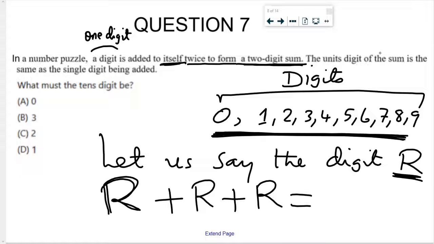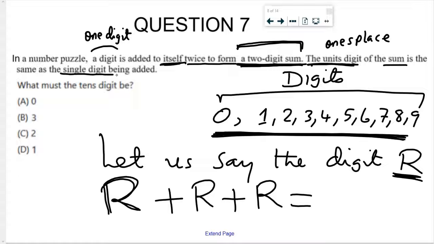And the sum is having 2 digits. But the units digit, or the digit in the ones place of the sum, is the same as the single digit being added.